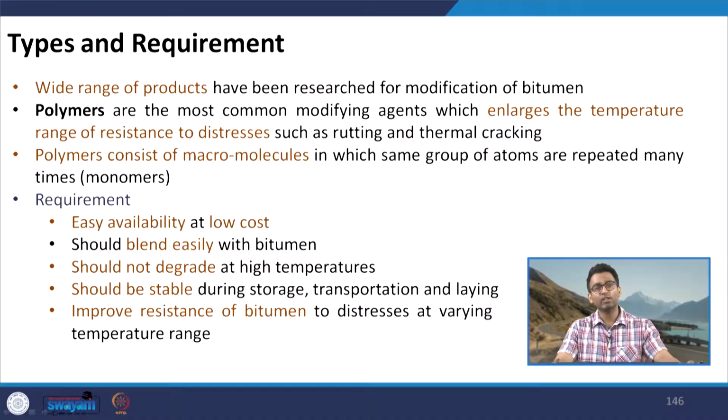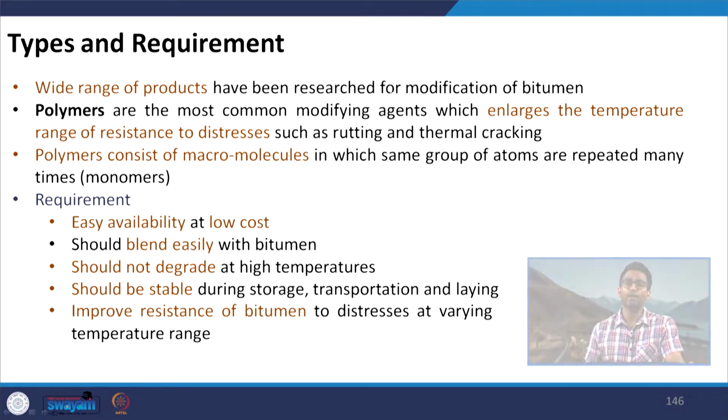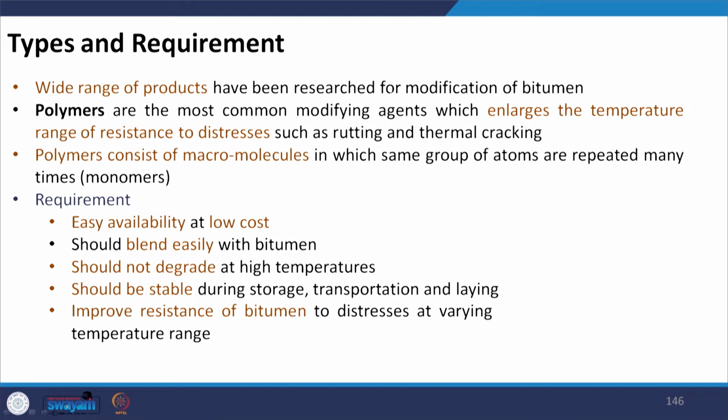Then these polymers, when they are added, or the final modified binder, should not degrade at higher temperatures. Now, there is evidence that some of the polymers, when they are heated to very high temperature, around the temperature in the mixing plant, let us say 160, 170 or 180 degrees Celsius, may get degraded.